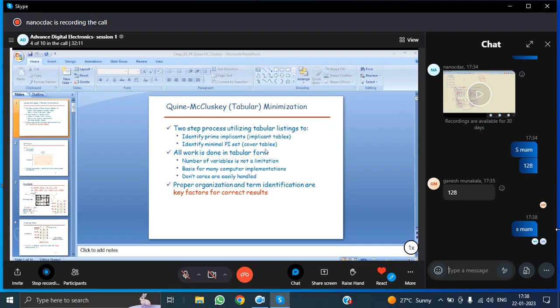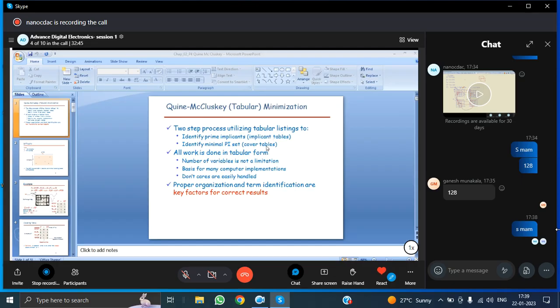Prime implicants, it is nothing complicated: whenever we map the min terms in the K-map, adjacent min terms form a group, and that group is nothing but a prime implicant. That group gives us a logic equation. So identifying the prime implicants is very important.